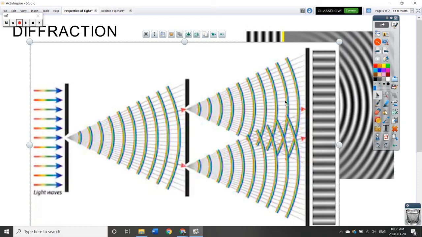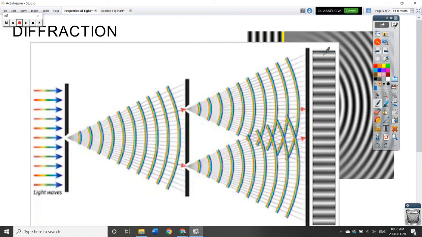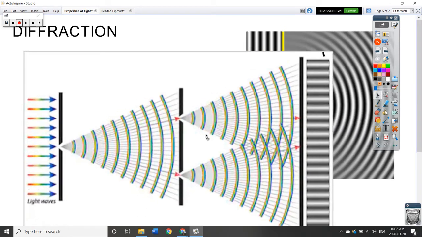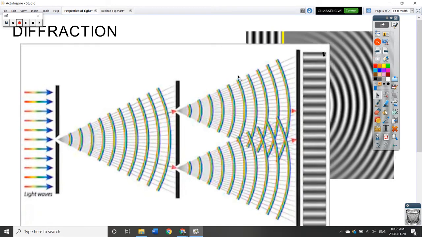Where the high part of a wave meets a low spot of another wave, they cancel each other out and we end up getting a dark spot. And so we end up with this pattern, which is called an interference pattern. And this interference pattern is evidence of diffraction of EMR. And all forms of EMR will do it.